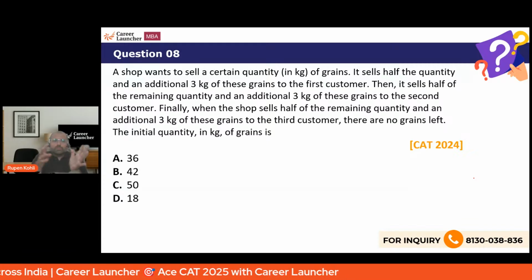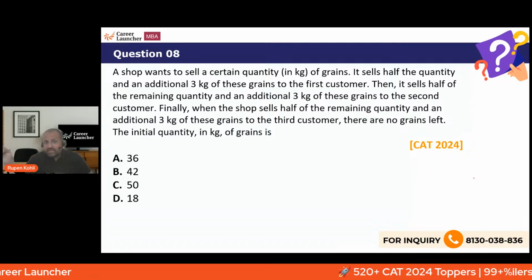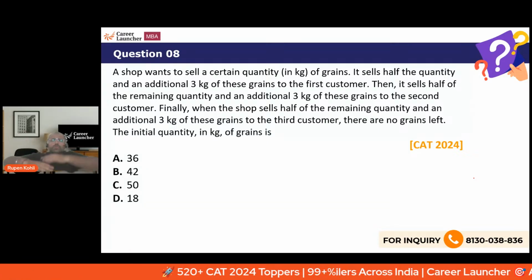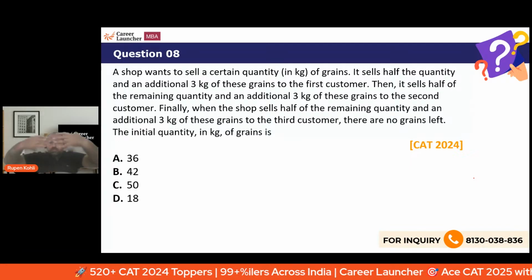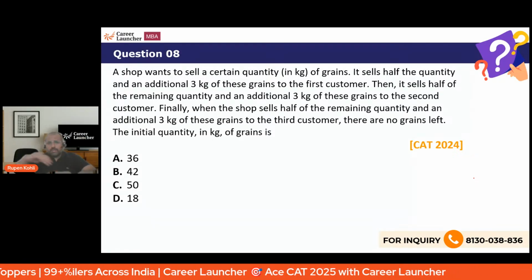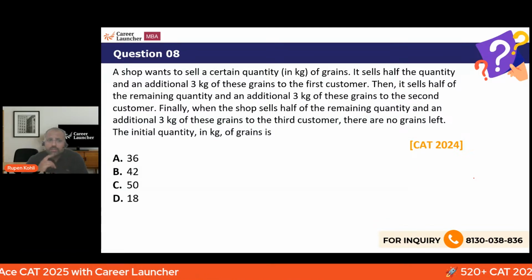A shop wants to sell a certain quantity in kilograms of grains. It sells half the quantity and an additional 3 kg of these grains to the first customer. And then the problem goes on to repeat this process for the second and the third customers. The same process. Give half and 3 more, right? And finally, there are no grains left after giving the grains to the third customer. So what's the initial quantity?